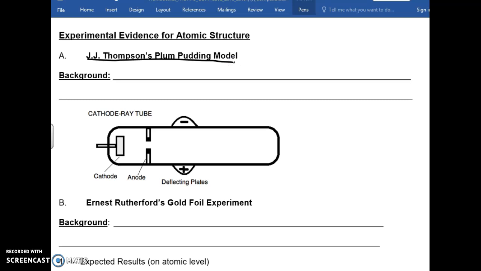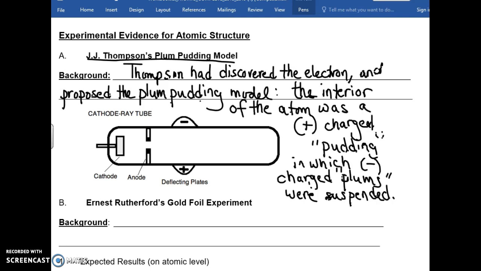First, the background was he had discovered an electron using this cathode ray tube, which led him to conclude that the atom was a positively charged matrix, or a jelly, in which negatively charged particles were suspended. If we had to model this, as he said, the atom was a positively charged pudding.